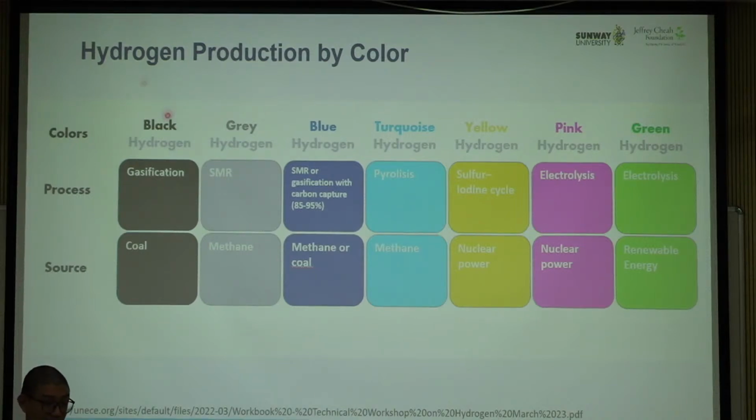So catalytic pyrolysis from the methane. This one is just a normal pyrolysis. From the methane, the carbon that is produced, they convert it into solid carbon, which can be converted into carbon nanotube or carbon nanofibers.